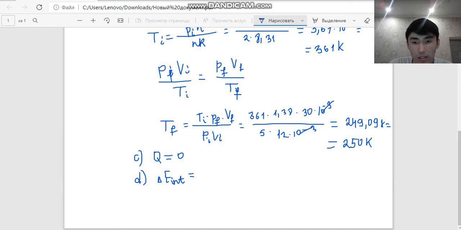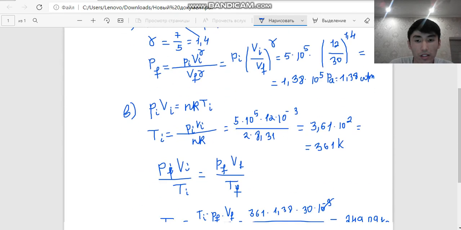So we know it from the previous chapters. Here will be, for the diatomic gas, 5/2 times nR delta T, because this is the change of internal energy. So let's put in the numbers: 2.5 times 2 moles times 8.31 times delta T, T final minus T initial.